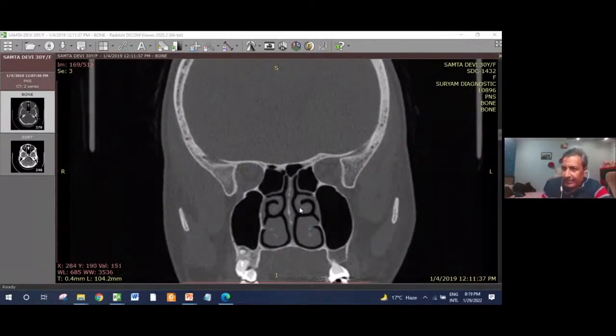Now see the changes. We must know at this point of time, because this is a crucial part of the sinus surgery when we are carrying out the surgical part. Transition from the postethmoid to the sphenoid sinus is crucial.